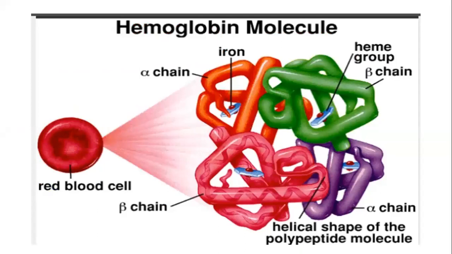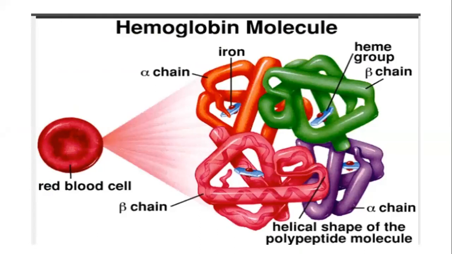And what you see is a diagram of what is potentially found in a red cell, with what we call chains or globin chains or polypeptide chains. And there are 4 different types of chains.